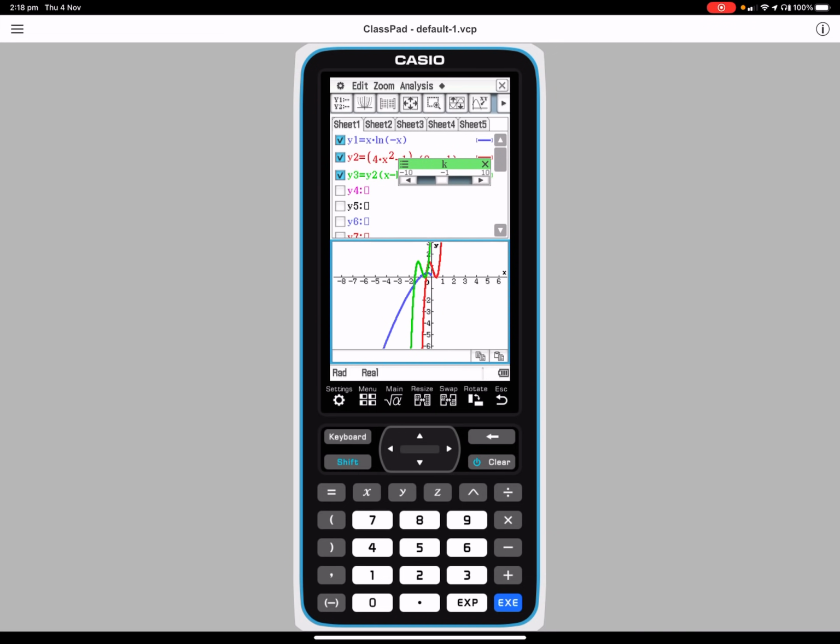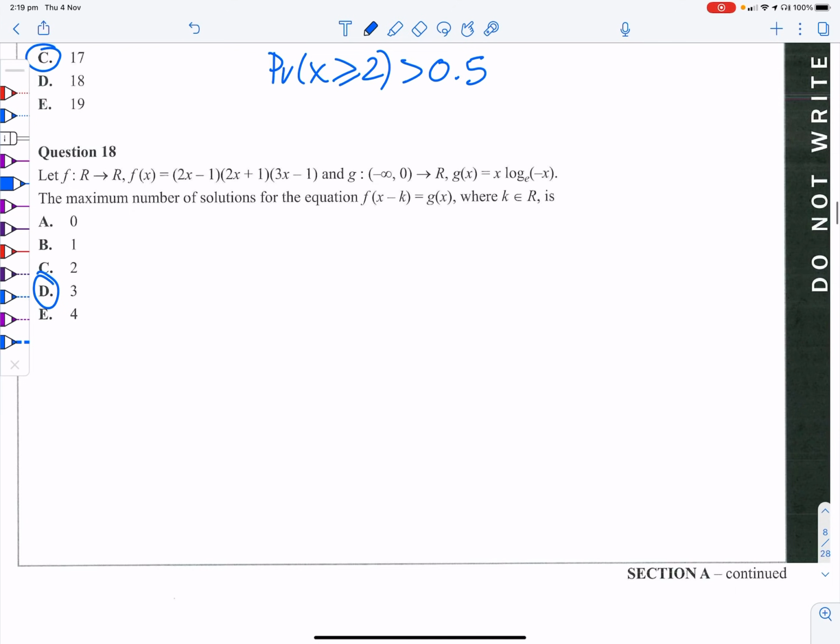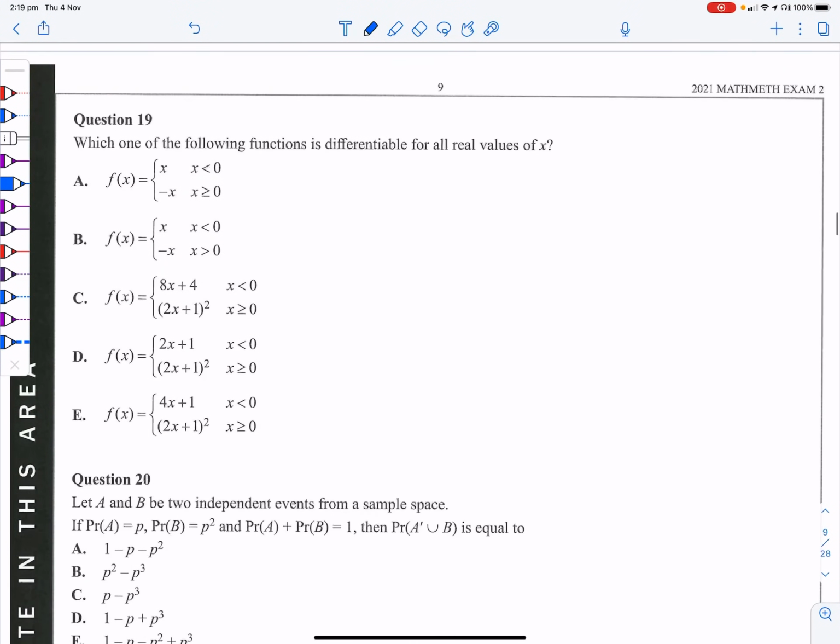Yeah, 1, 2, 3. You couldn't have 4 anyway, because all that k does is translate it left and right. So we could have none, but the most is 3.